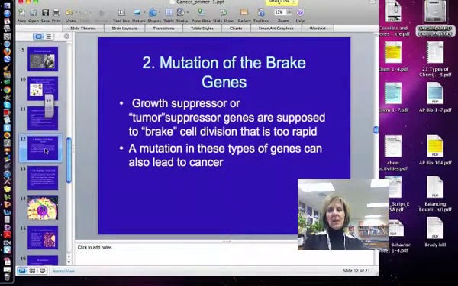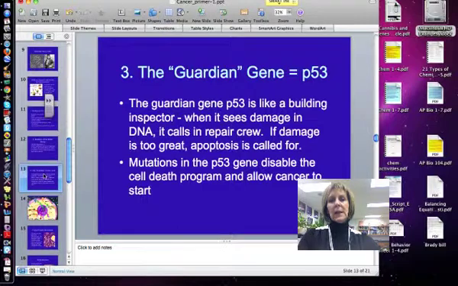Mutations of brake genes can also lead to cancer. In a normal tumor suppressor gene, these are going to lead to signals that slow down cell division. So a mutation in a tumor suppressor gene can also lead to cancer.